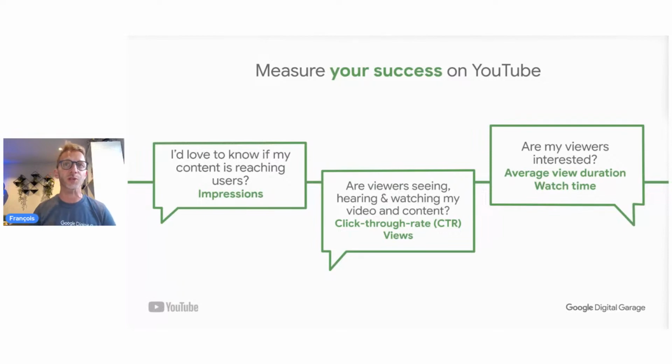So for instance, an impression is every time a viewer comes across your video, just as a little thumbnail. That would be the number of impressions. So it means they are searching for it, they see the thumbnail, and now maybe they're going to click through your video so that they can watch it. And then you have your CTR, your click-through rate.